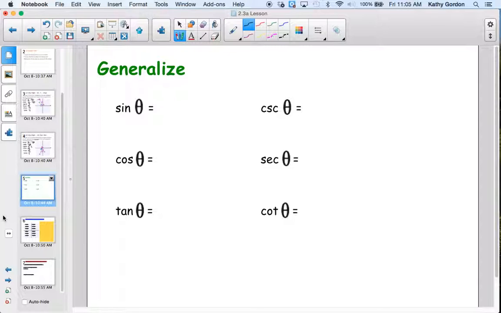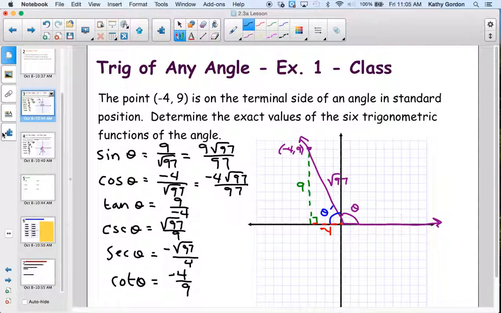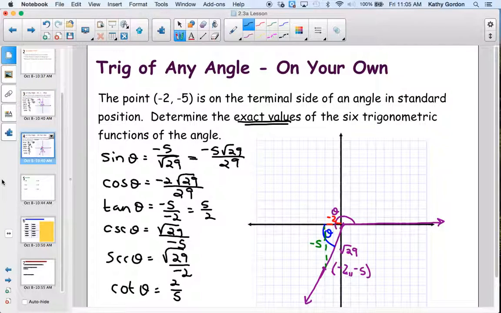Okay, so if we look back at both of these examples, for sine, we were taking opposite over hypotenuse, right? Well, when I take the opposite of the reference angle, in both cases, the opposite came from what?